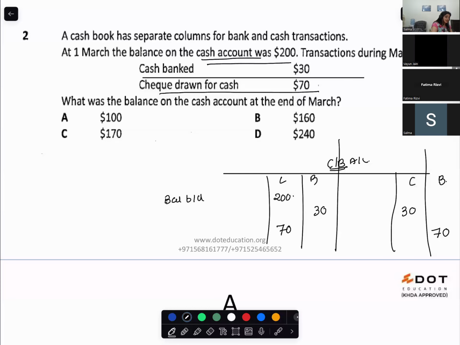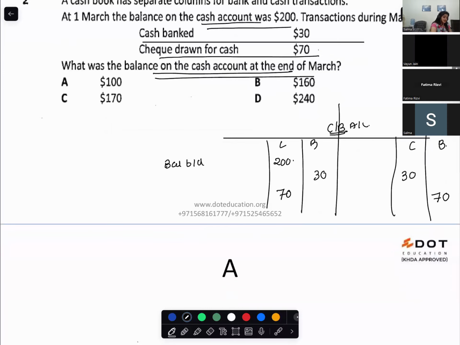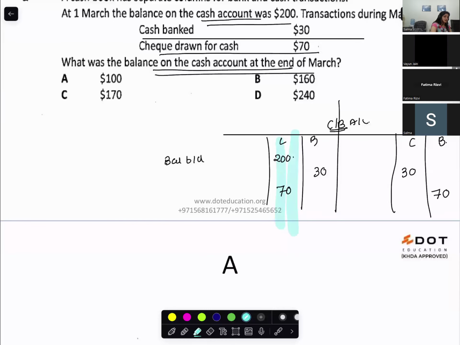Which balance do they want? Cash account. How will you do it? They want the balance of the cash account. How will you find it, Vayun? Which side is more? Miss, the debit side is more.